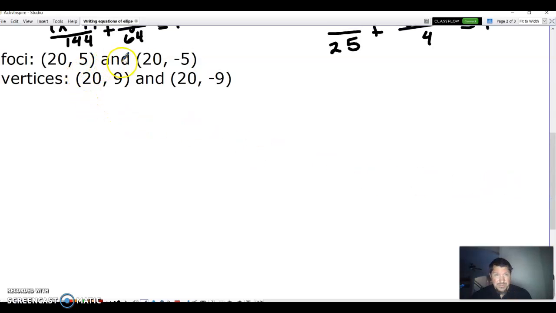Alright, so now with the foci, this is a little different. We have to find B. We're given the vertices, so that's going to help us find A, which is the distance from here to here, or half the distance from here to here. So from 9 to -9 is 18, so A is equal to 9, right?